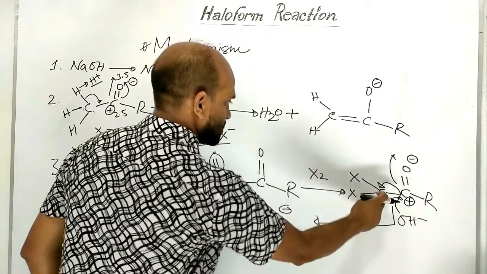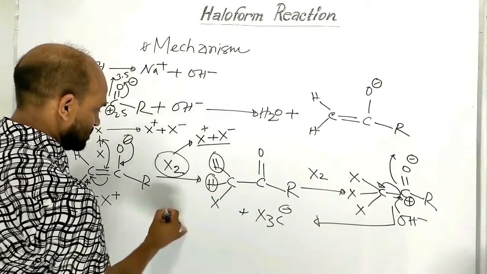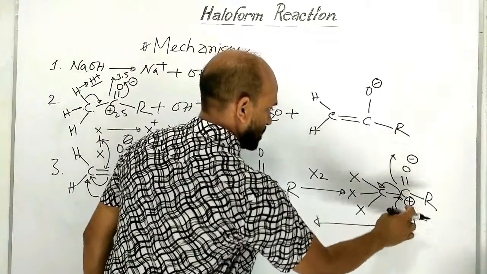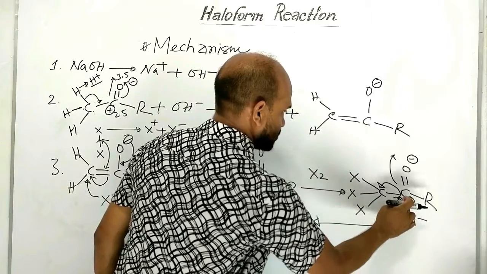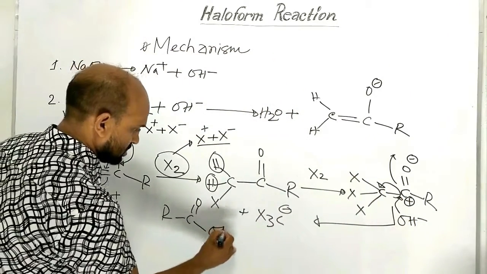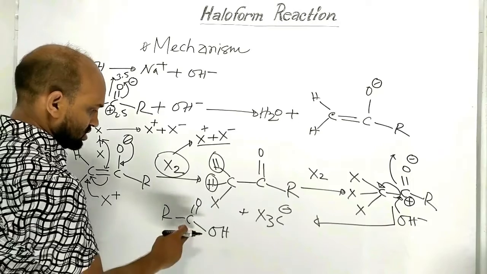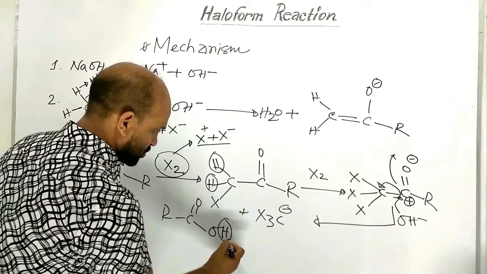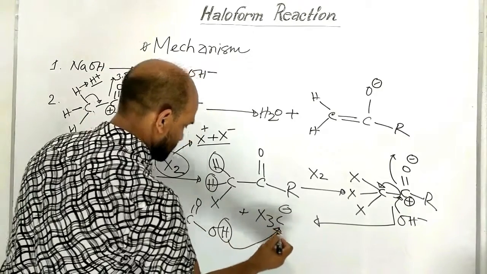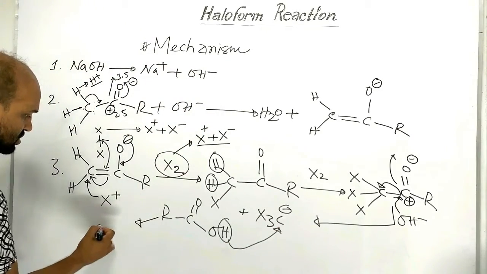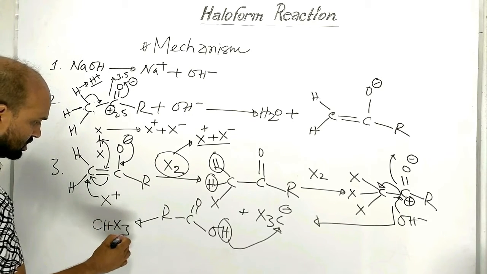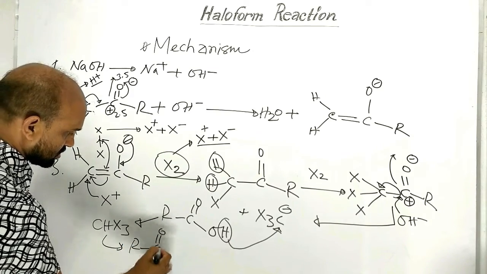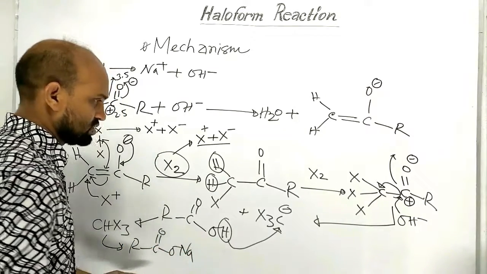X3C minus, and here we get RCO. CO and OH combines with this carbon. Then we get this compound. This is carboxylic acid which donates proton to this ion to form CHX3, and sodium salt of carboxylic acid is formed.